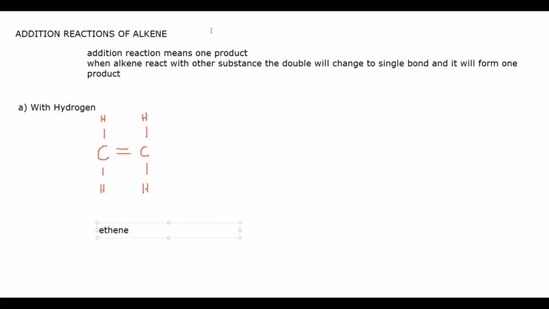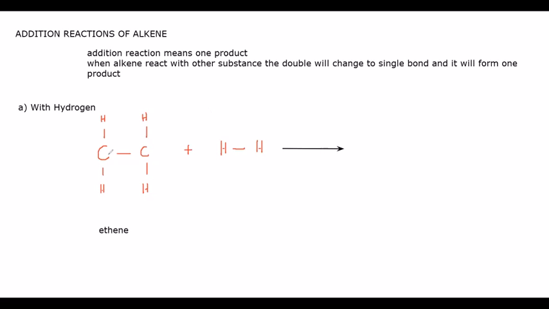Now, it reacted with hydrogen. Hydrogen means H2, so I can write H and another H. How will the reaction occur when an alkene reacts? Initially they have a double bond, but when the alkene reacts, the double bond will break and become a single bond.